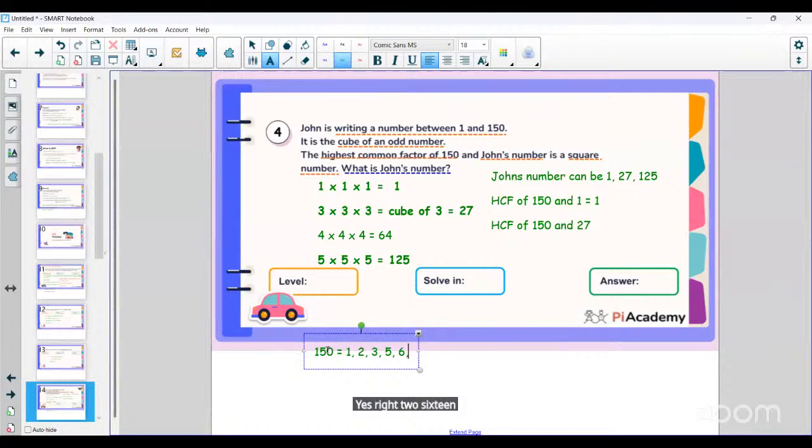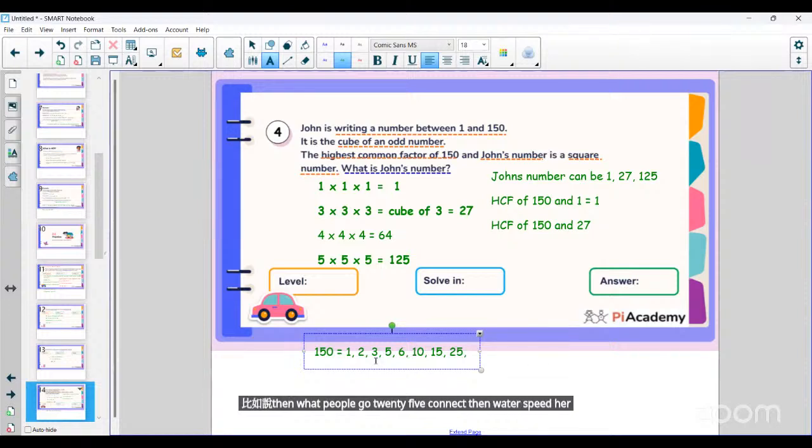So we got 6, then 7, no. 8, no. 9, no. We got 10, right? Then we got 15, then 25, correct? Then what else? 30 as well? No, we don't have 30. Then we got 50, then 75, and then directly 150.